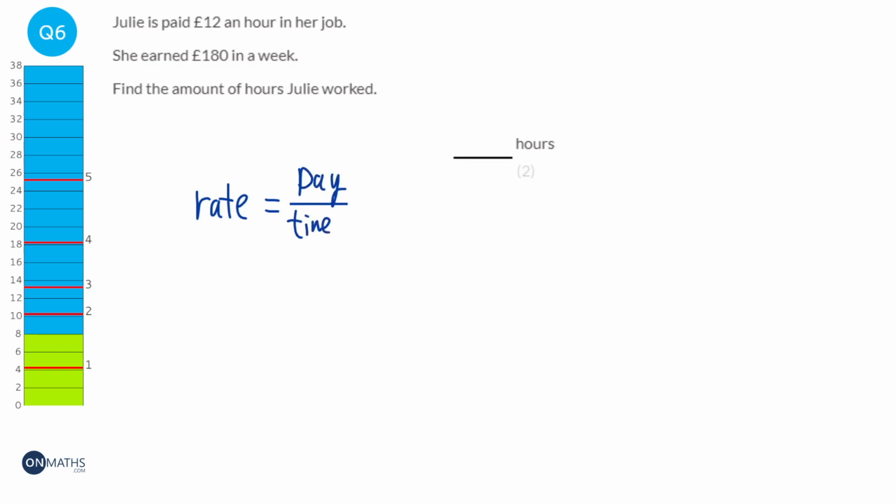Now we're asked what the time is, so we're just going to put the time on the left-hand side, and swap the rate and time over, so it would just be pay over rate. The pay is £180. The rate is £12 an hour. So it'd be 180 divided by 12, which is 15. So it'll take 15 hours.